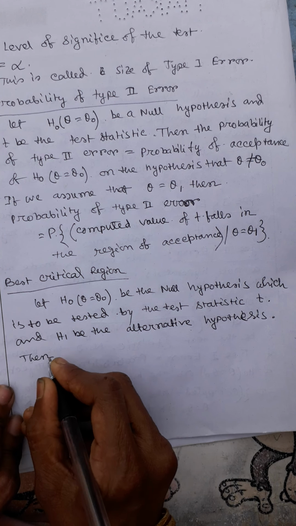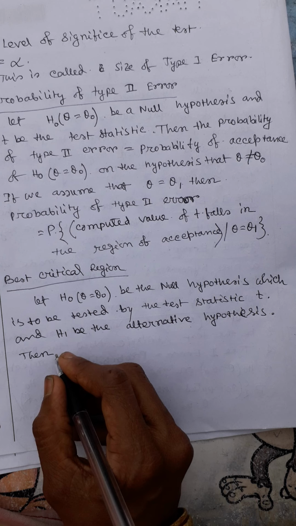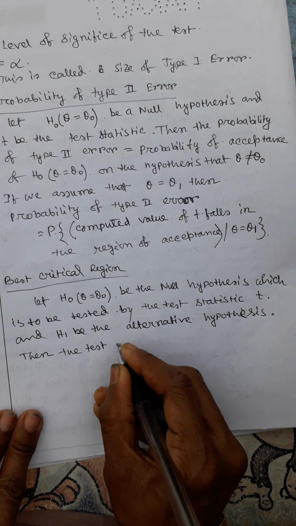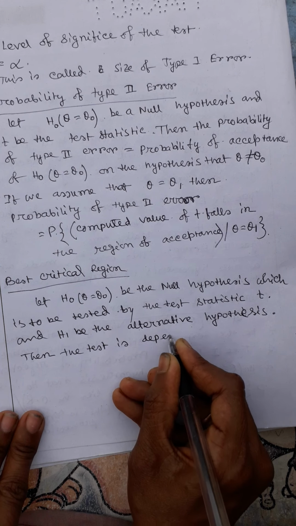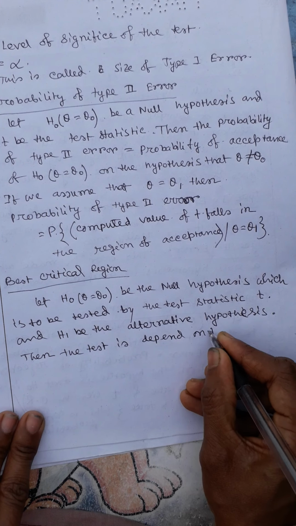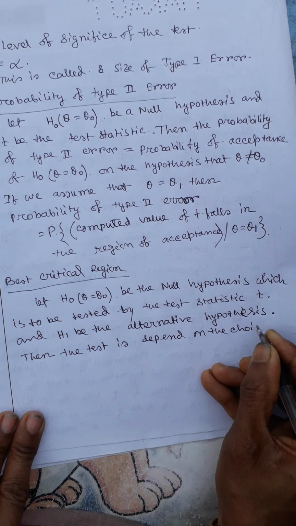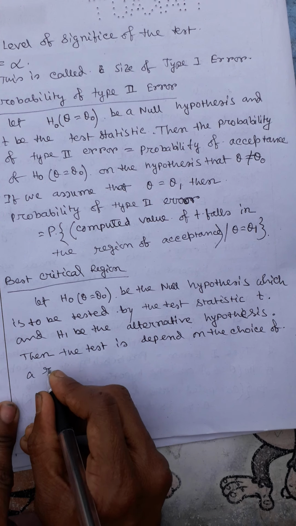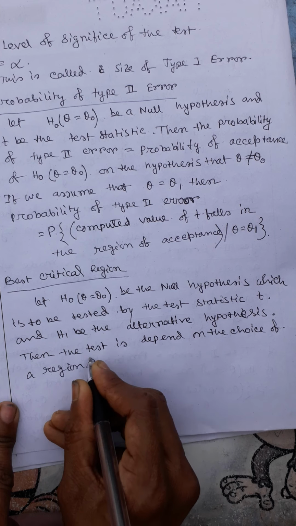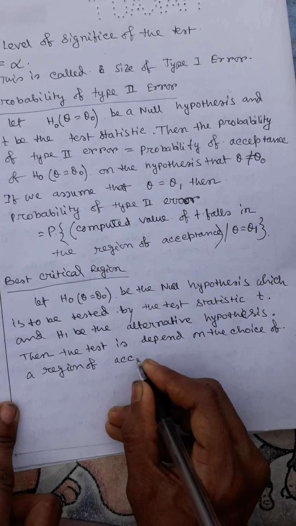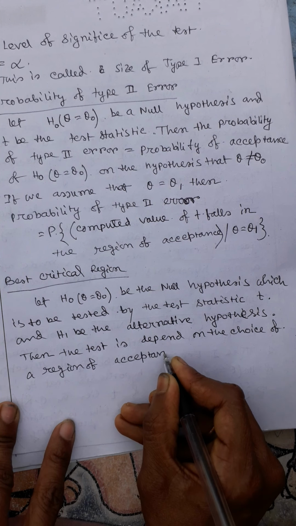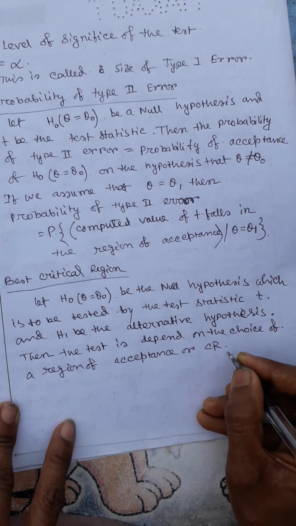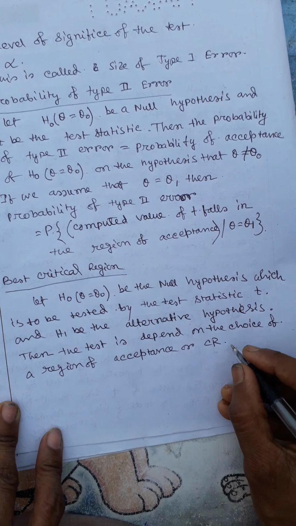Then the test depends on the choice of a region of acceptance or critical region, that is CR.